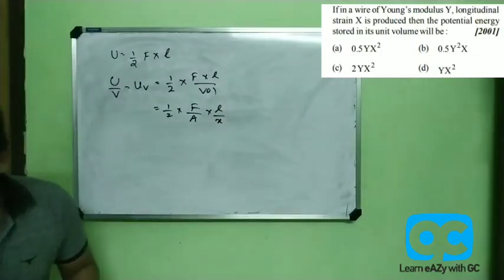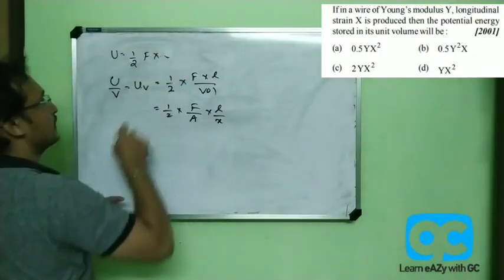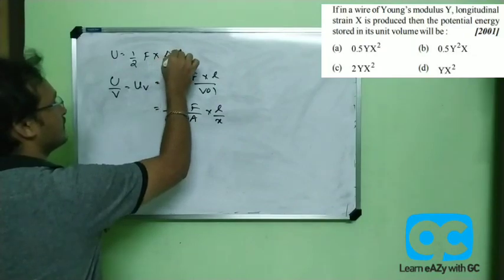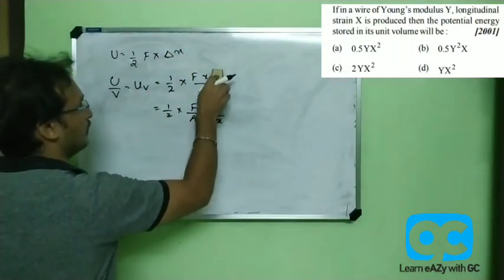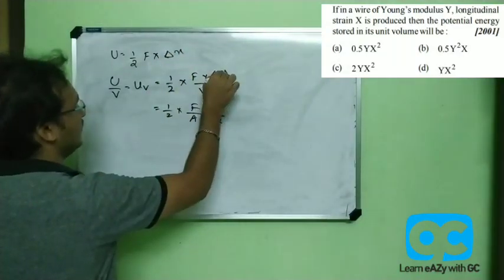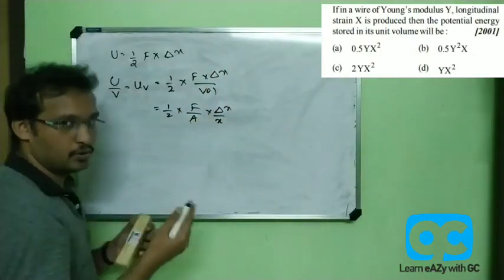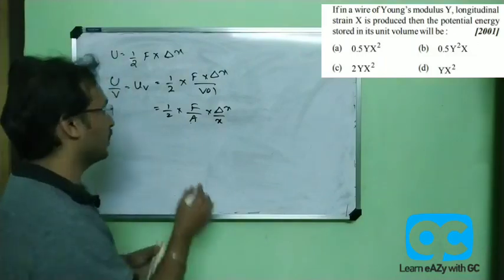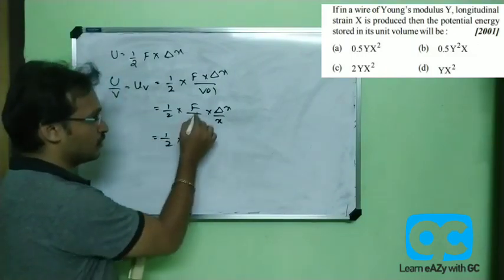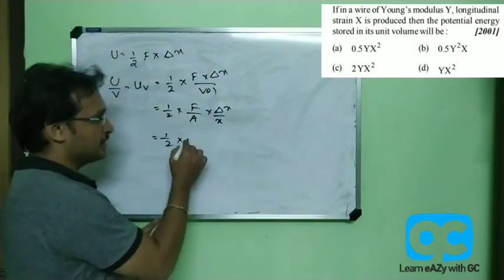Half into F into delta X is the energy. Volume means area into X, where X is the total length. You will get half into, what is force by area in solids? It will be stress.